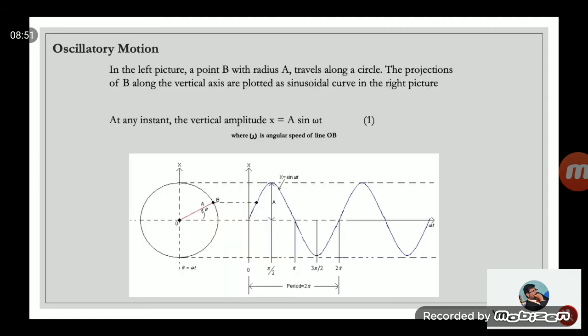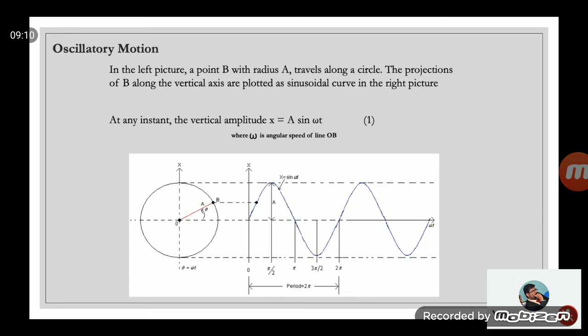Now I want to get into the mathematical description of vibration. As you can see in the left picture, a point B with radius A travels along the circle.